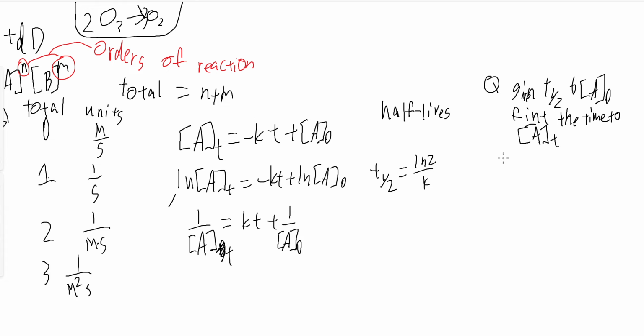Now, what you'll normally do is you'll find k. So you'll take your t half and put that under ln 2. That gives us k. And then from that, we can determine the time to get to a given concentration by taking e to both sides and so on.